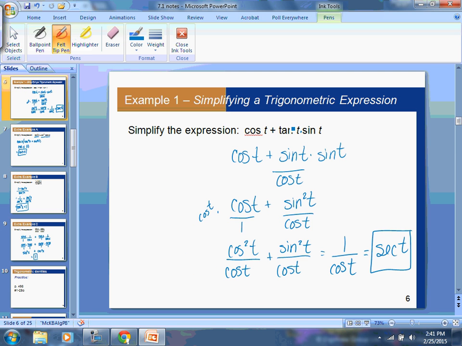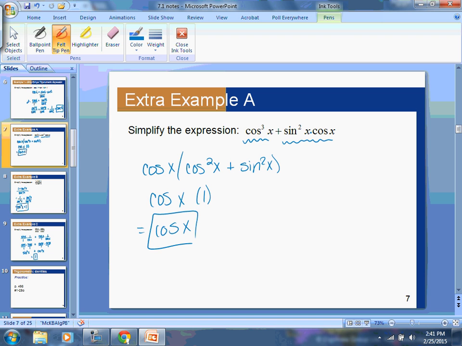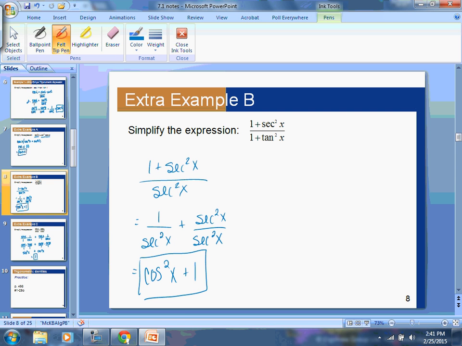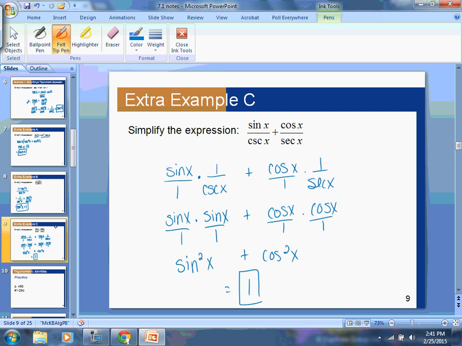We can find a common denominator and then add across the numerator. We can take out a GCF. We can break apart a big fraction into two separate ones. And that's what we did here too. We took one big fraction and we broke it apart into two separate ones.